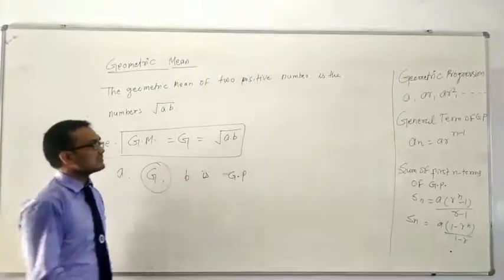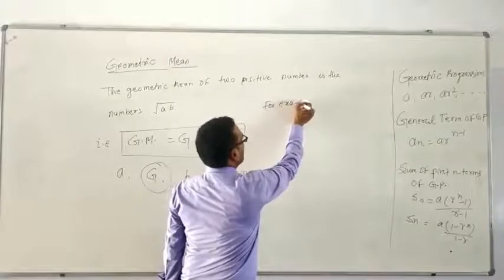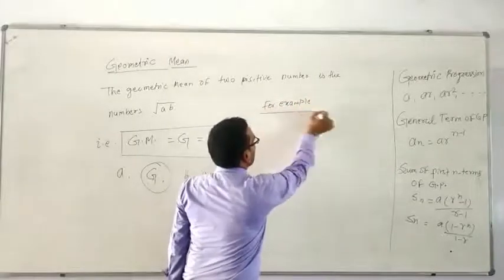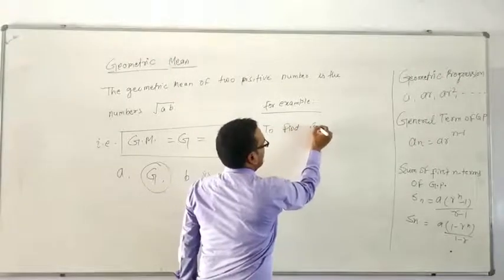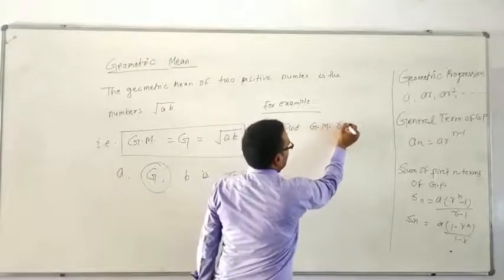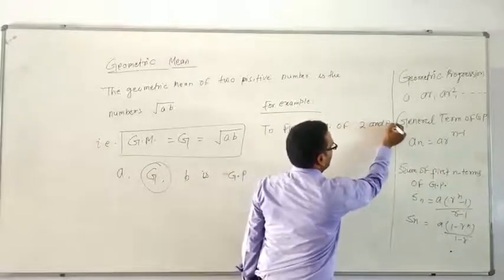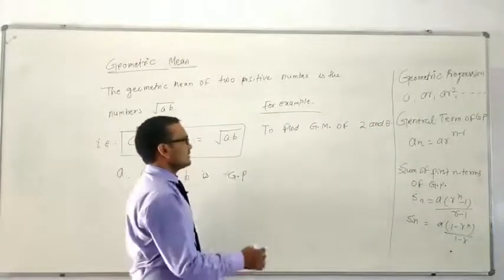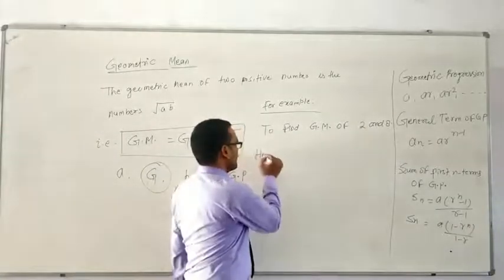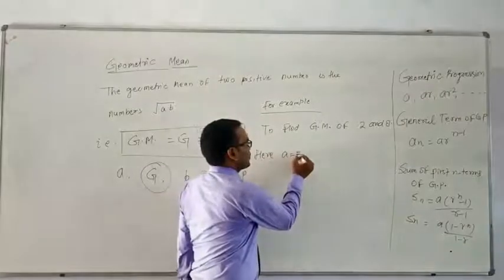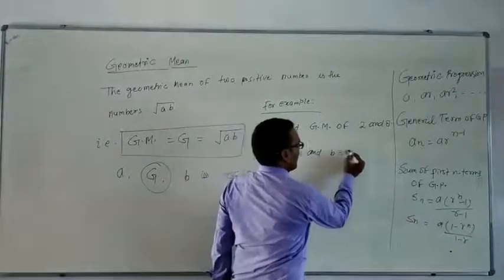For example, to find the geometric mean of 2 and 8. Here the two positive numbers are A equal to 2 and B equal to 8.